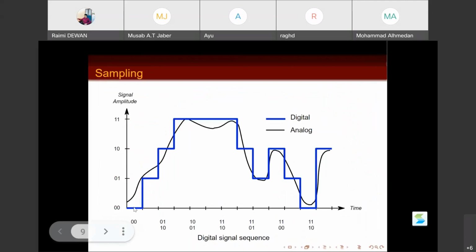Okay, so here is 0 0. And then here you see is 0 1. You have 0 1 and 1 0 level here, and then here you have 1 0 and 0 1. Sorry, this one not really good.